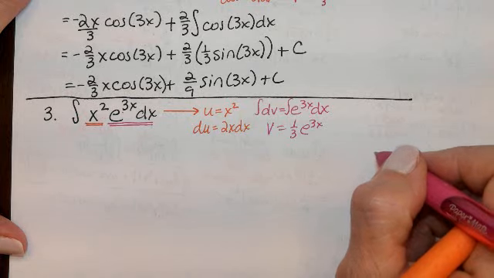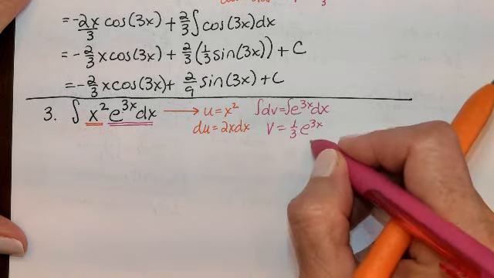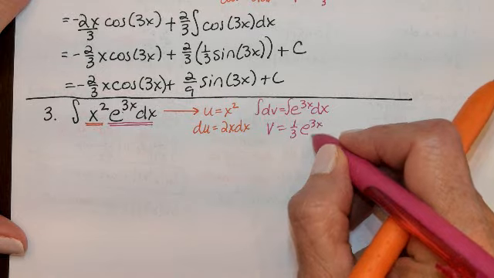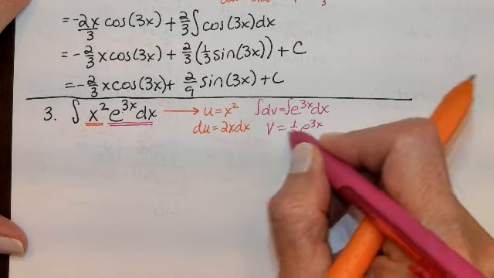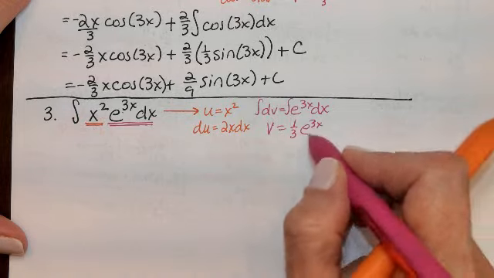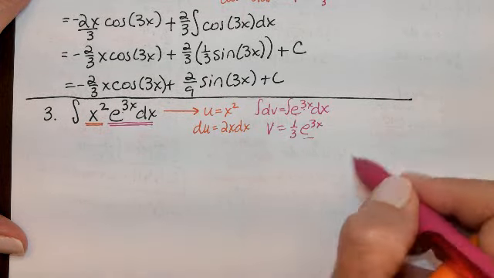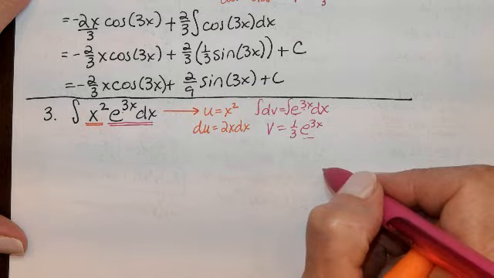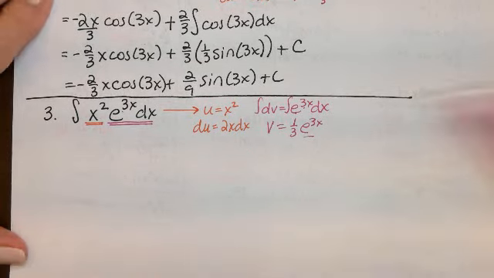Like I said, you're going to get really quick at doing these quick antiderivatives. It's e to the 3x. The derivative of the 3x is 3, so we have to undo that and make it a 1/3. Take the derivative of this, and you get right back to e to the 3x, right? Which is what an antiderivative should do. All right.